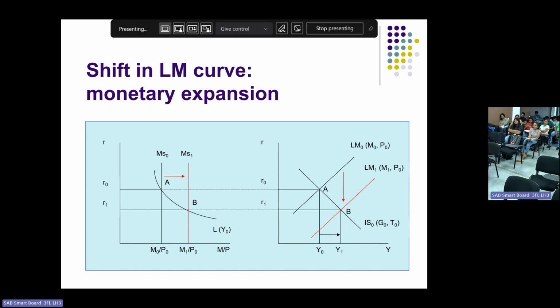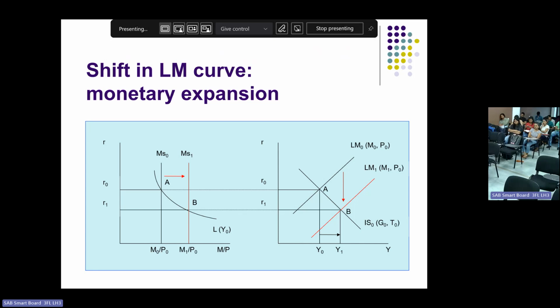A rise in the money supply creates an imbalance in the money market, and that imbalance is corrected by the interest rate declining from R0 to R1. Because if there's a decline in the interest rate, as we identified in the money demand function, money demand increases under the speculative motive. That will completely absorb the excess money supply in the money market.